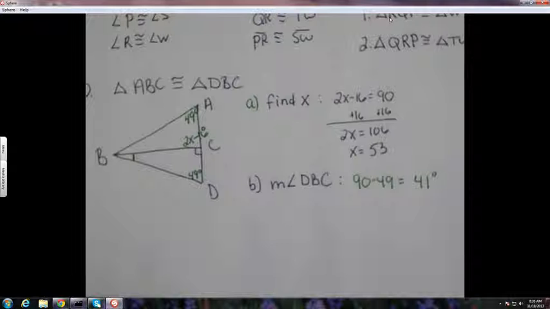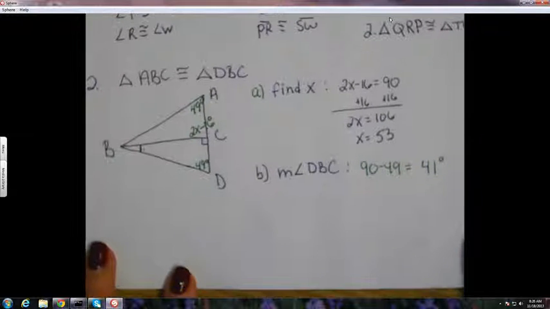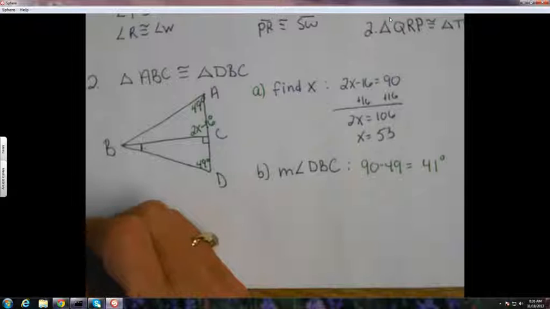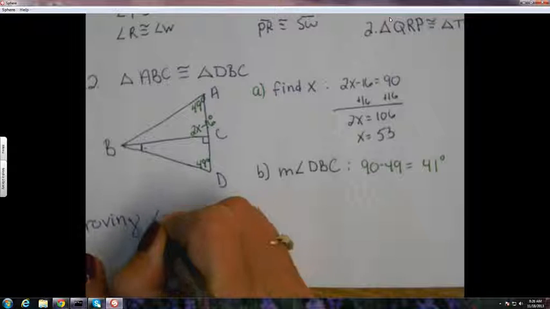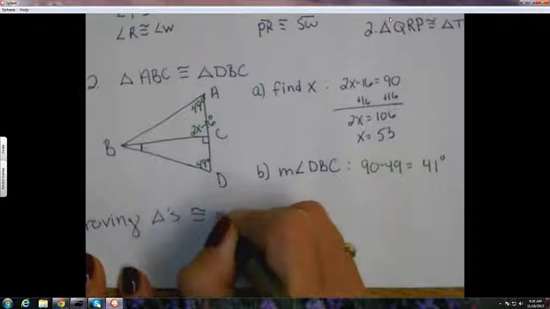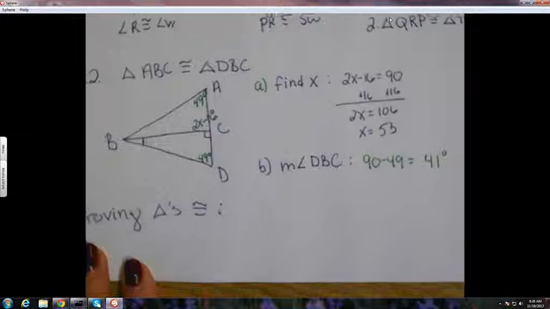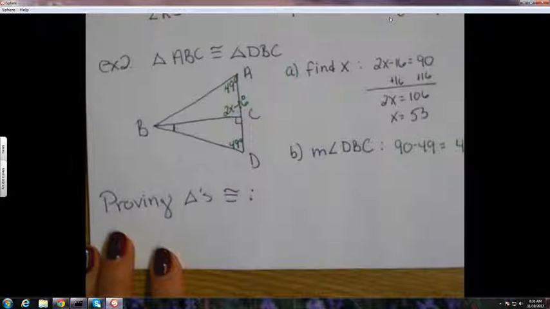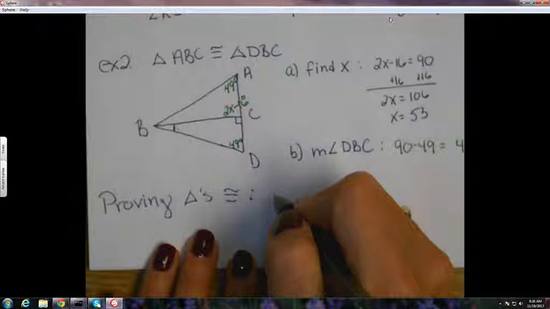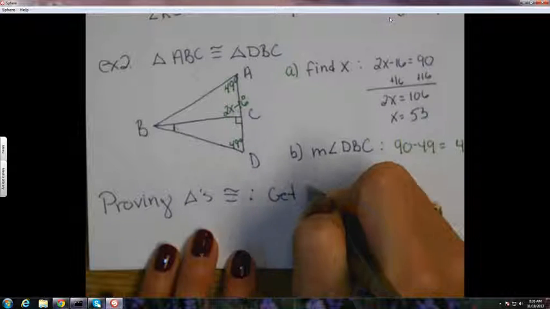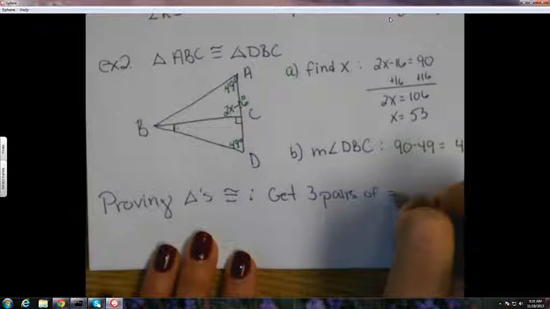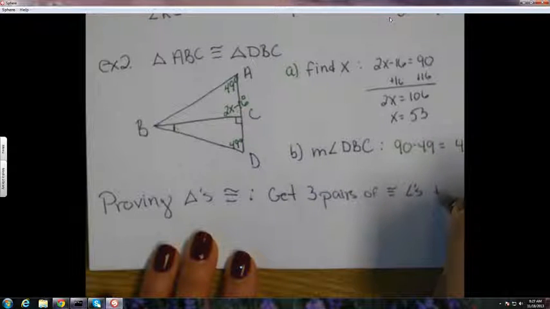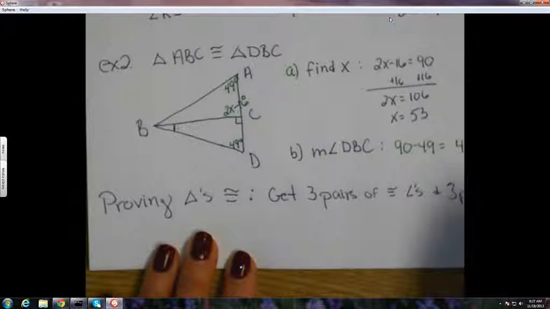All right, here we are, starting our trek up the mountain, proving triangles congruent. You have to do 6 things. Get 3 pairs of congruent angles and 3 pairs of congruent sides.